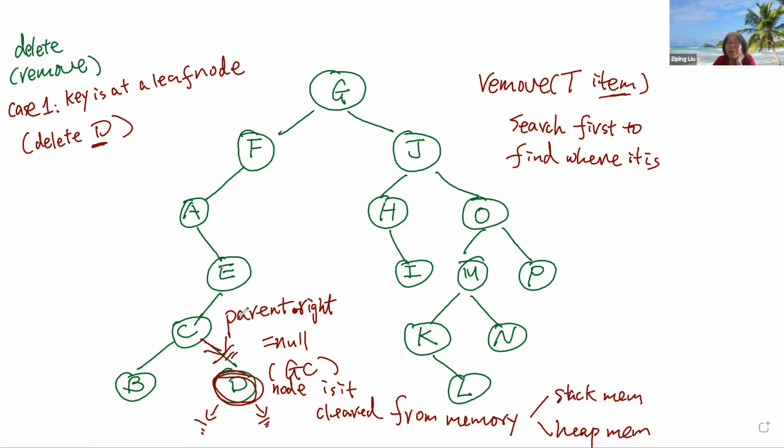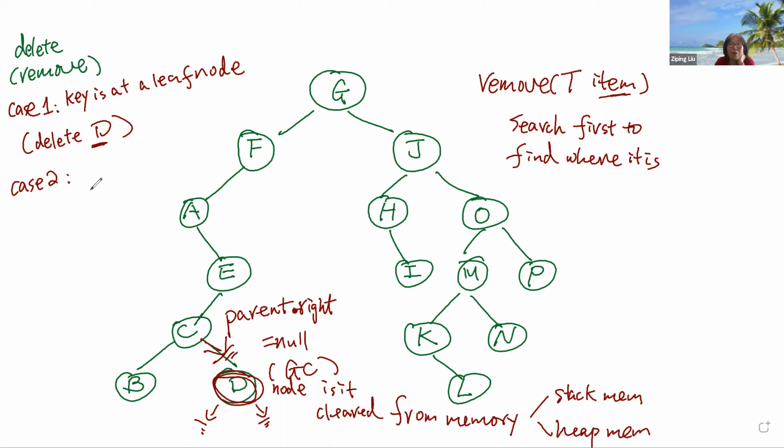So this case is kind of easy. If it's on the left, then you just set the parent's left to null. In this case, you set the right to null. Okay, second case, case 2.